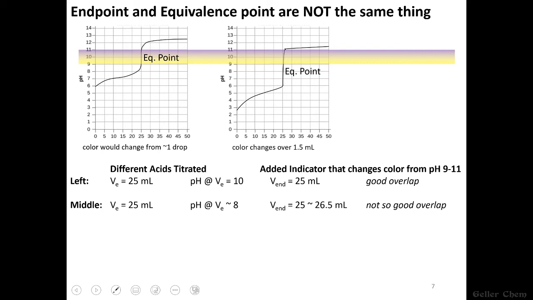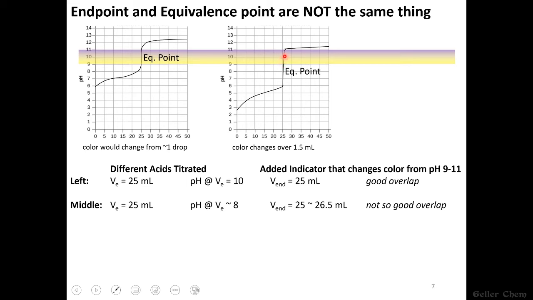This acid has its sharp region occur still at 25 milliliters, but then it takes a little while to come out of it. So let's estimate that the equivalence point is still 25, that's the sharpest part. Let's say the pH is around 8 at that sharp point, it's probably less. But the indicator is not going to change color until we reach a pH of 9.